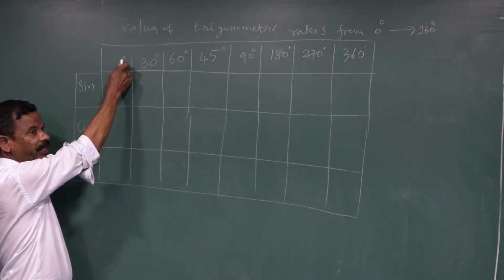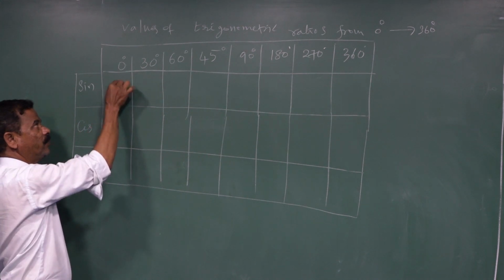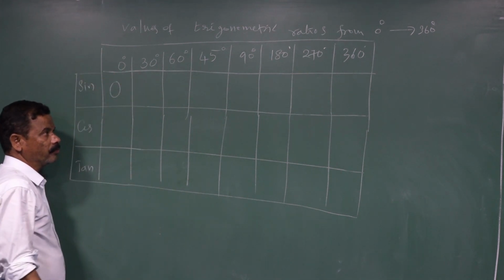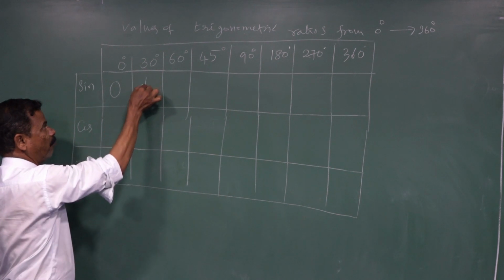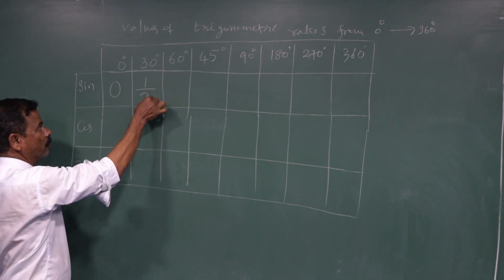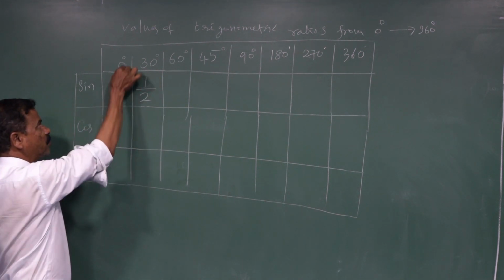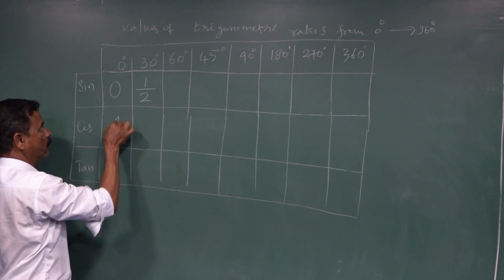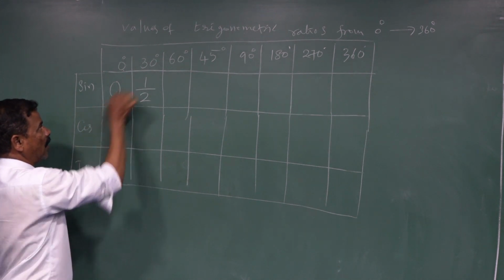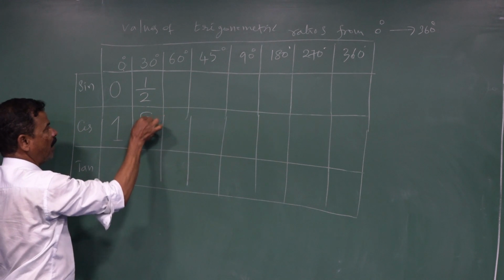Sin of 0 degrees, this value is 0. Sin 30, 1 by 2. Here come to cos, cos 0, 1. Cos 30, root 3 by 2.